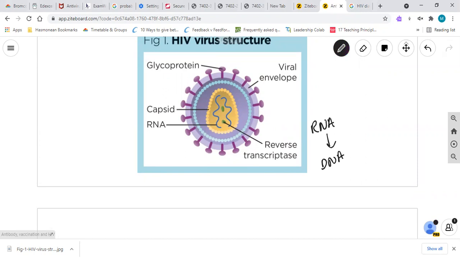It then has a viral envelope, which is basically the same phospholipid bilayer as a cell surface membrane, and then glycoproteins, which are attachment proteins.